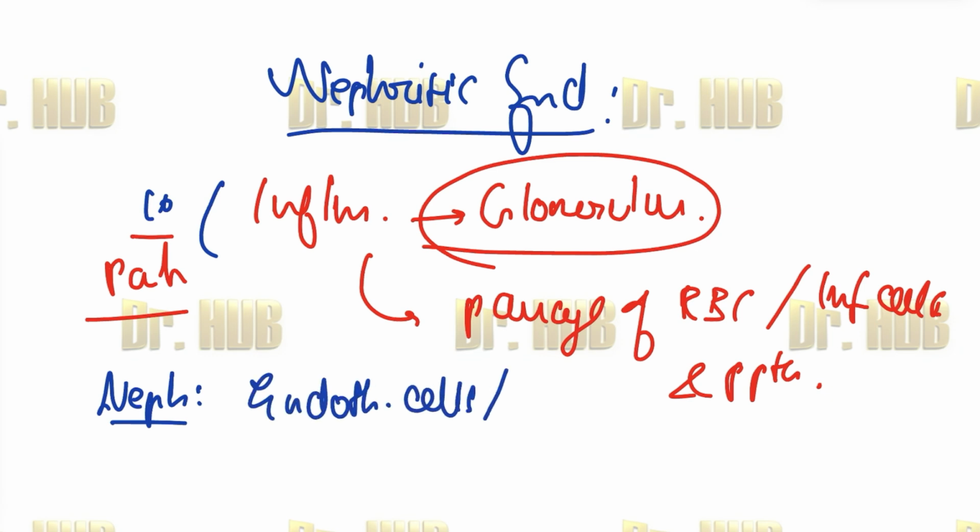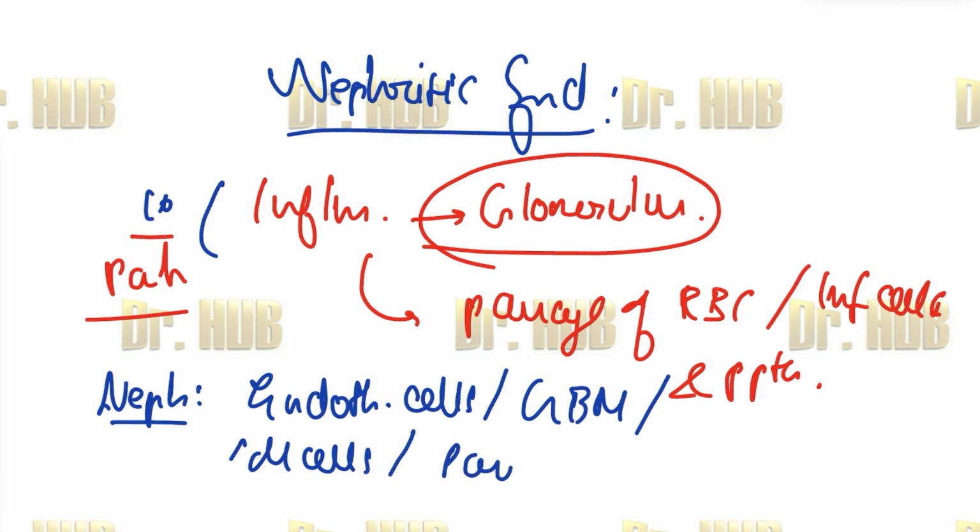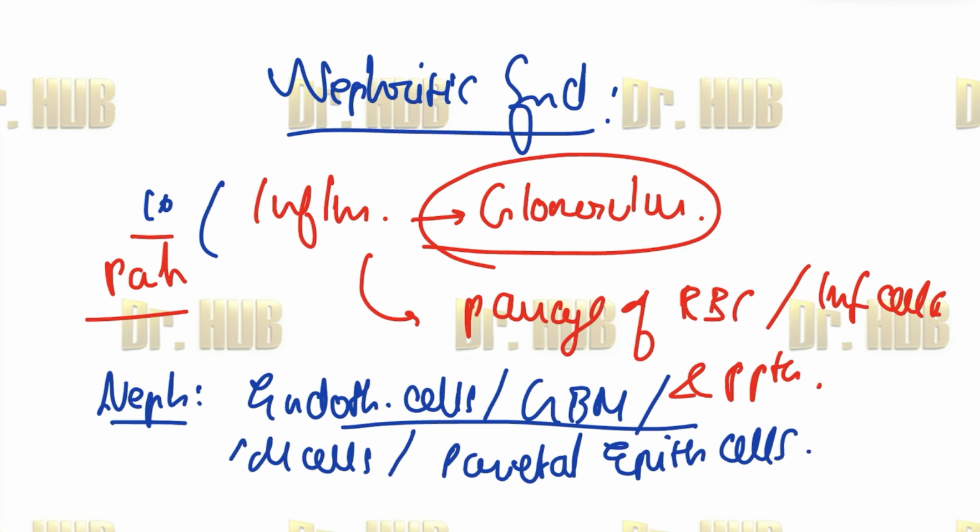So it includes the endothelial cells, the glomerular basement membrane, the mesangial cells, as well as the parietal epithelial cells.